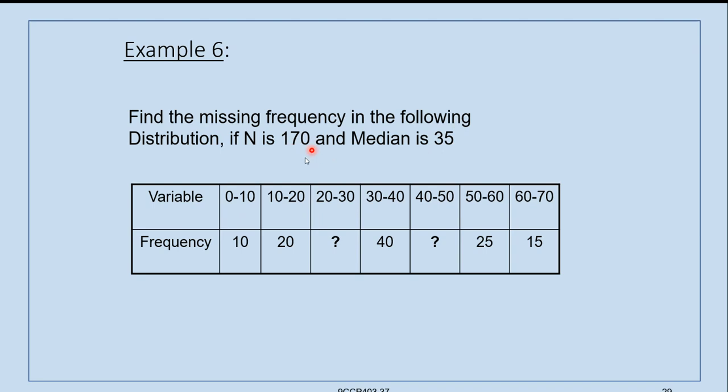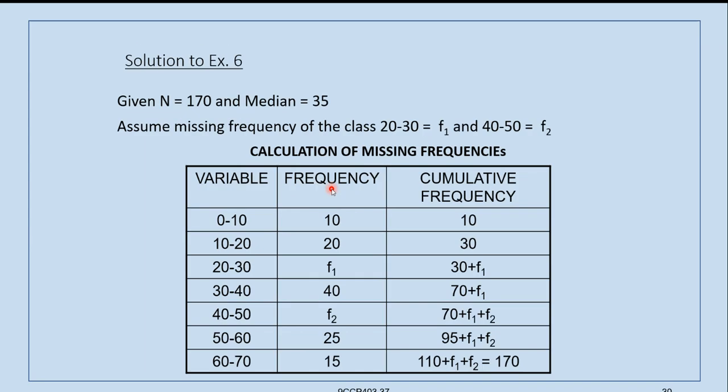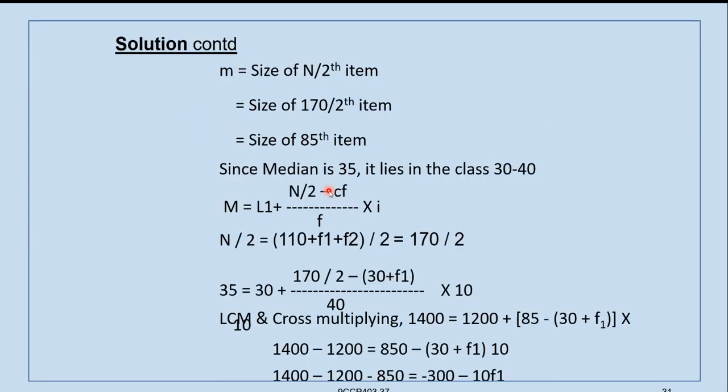n by 2 is 170 by 2, that is 85. So 35 is equal to 30 plus (170 by 2 minus (30 plus f1)) into 10. By taking LCM and cross multiplying, we will get 1400 is equal to 1200 minus (30 plus f1) into 10.